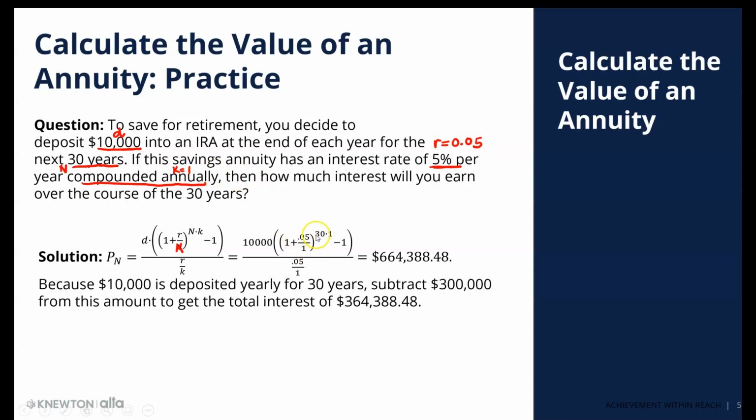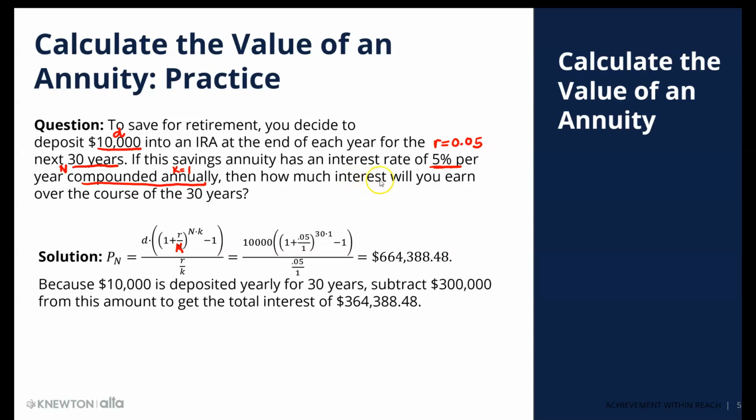And then raised to 30, that's the number of years, times 1, that's the number of compounding periods, minus 1. Then quantity divided by 0.05 over 1. And then plugging that into your calculator, you should get 664,388.48.